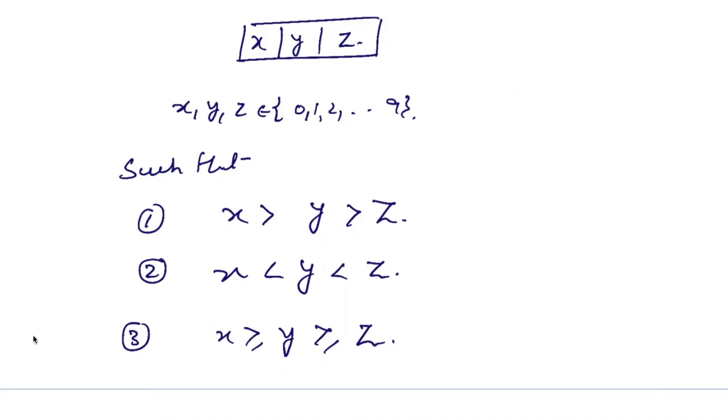In the first case, we have to form a three-digit number X, Y, and Z, right? If I'm putting X equal to 9, for the two places Y and Z we have to select two numbers such that one number will be ahead of the other.